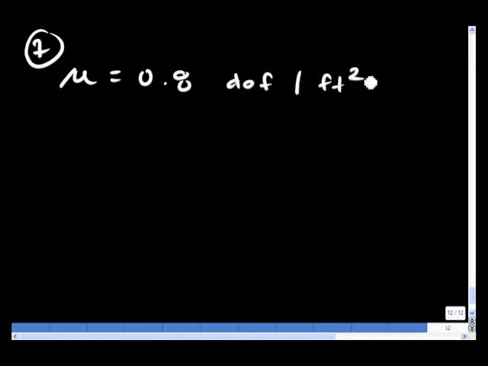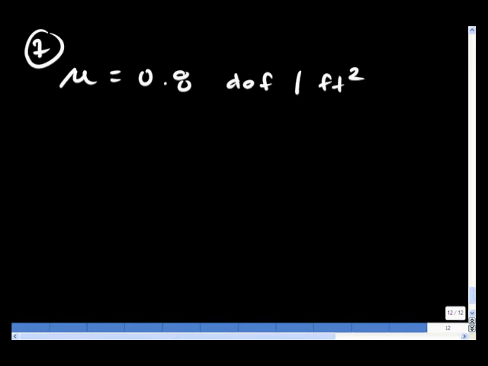Question 7. Question 7 indicates that there is an average of 0.8 defects per square foot.